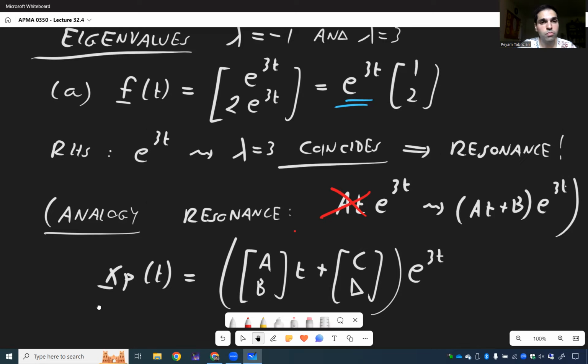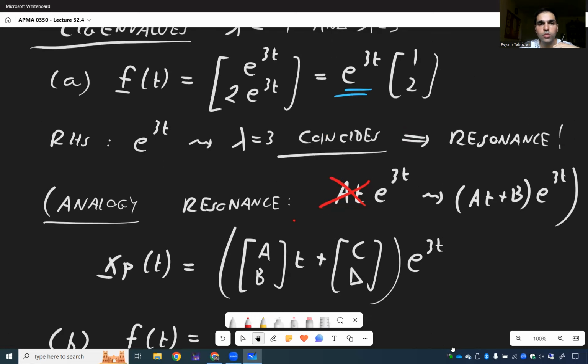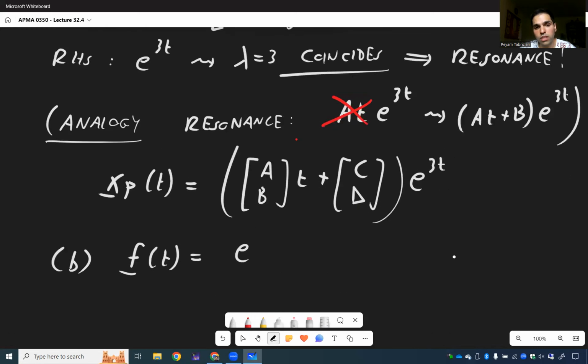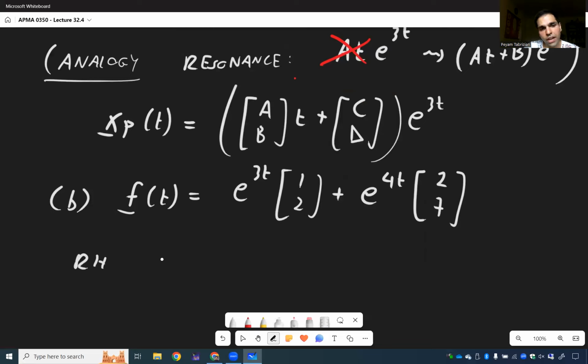Okay, so in fact, let's practice with that a little bit. So let's now do f of t. Let's do the same thing, e to the 3t times (1, 2). But now let's add an e to the 4t times (2, 7). Once again, here the right-hand side has e to the 3t and e to the 4t. So for e to the 3t, we do have resonance, corresponds to one of the eigenvalues.